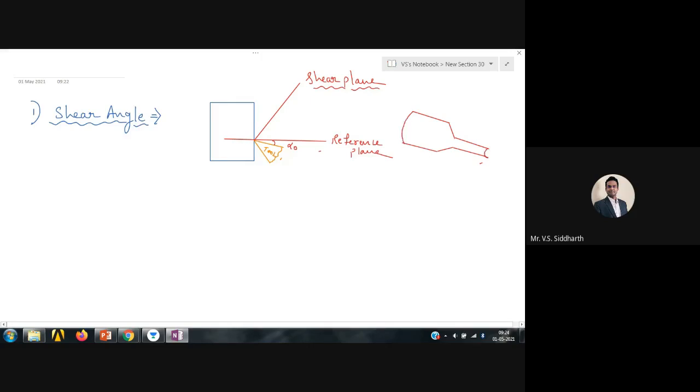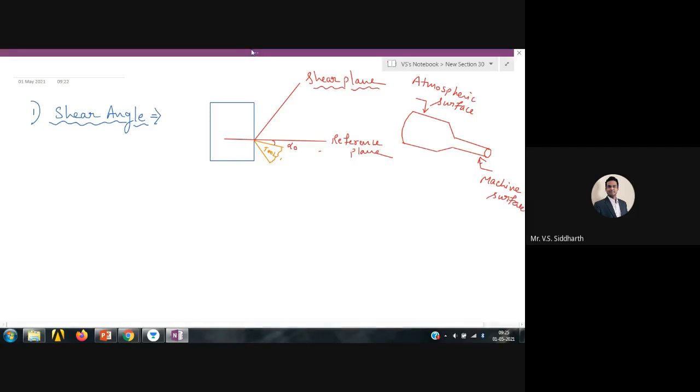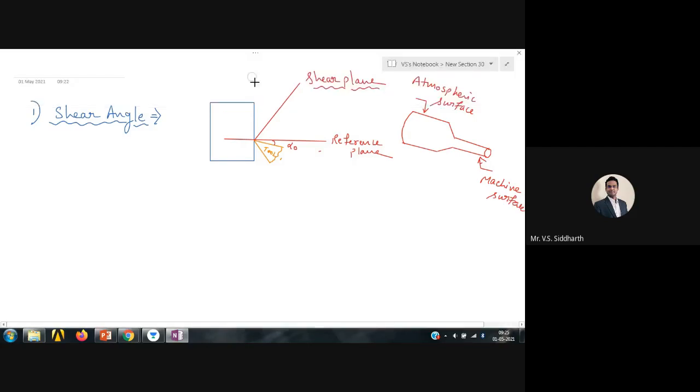This is the workpiece. This is the atmospheric surface. And this is the machine surface. All of you pay attention. If you don't get it, you will be in trouble. This is my tool.